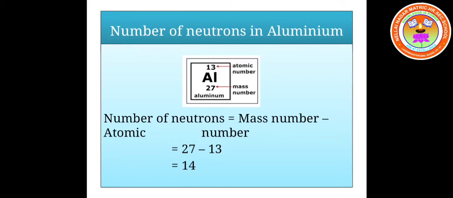Sometimes they are written like this also. So here the number of neutrons for aluminium is equal to its mass number minus its atomic number. Mass number is 27, atomic number is 13. So when we subtract 13 from 27, we get 14. 14 is the number of neutrons present in aluminium.